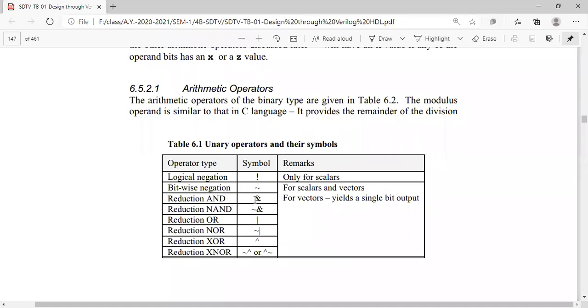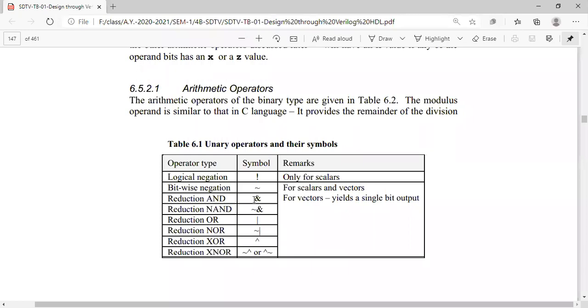For example, if your A is 3 down to 0, that means a 4 bit value, A of 3, A of 2, A of 1, and A of 0. Reduction AND performs the AND operation between A of 0 and A of 1. You get one result, and after that it performs an AND operation with the other ones, A of 2, like that.